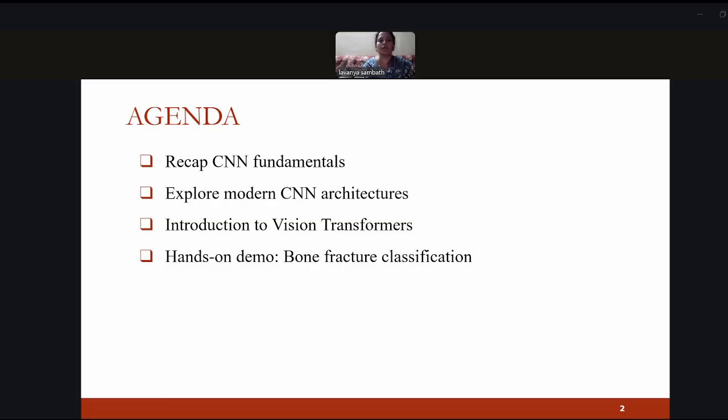Then I'll give you a small introduction to vision transformer models, and I'll show you a demo on bone fracture image classification using a custom CNN model and other modern CNN architectures. So this is the agenda of today's session.